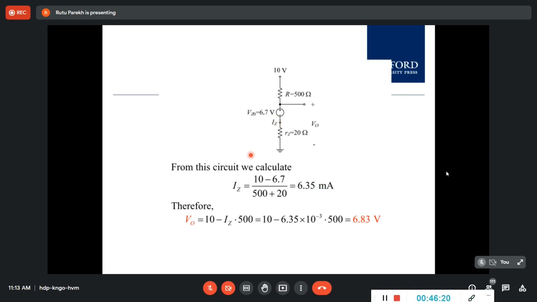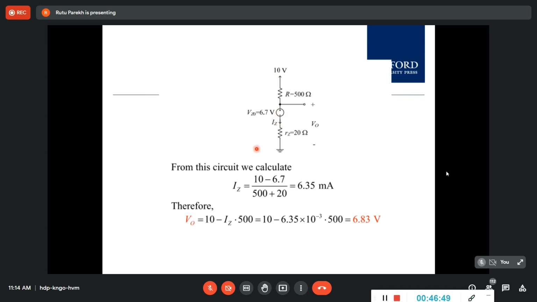Now just think of the graph of IZ. So in this condition, what is IZ? That you have to find out. IZ is equal to 10 minus this voltage divided by the total resistance. What is changing is because of this voltage, your IZ is changing.